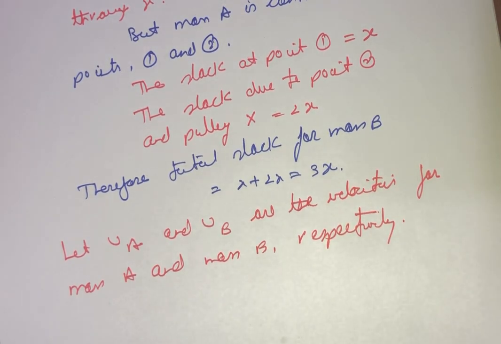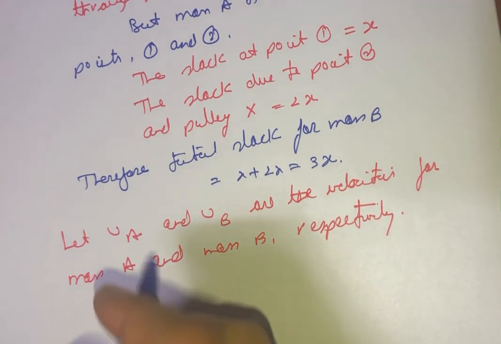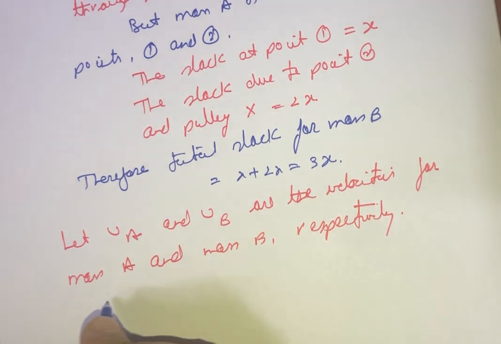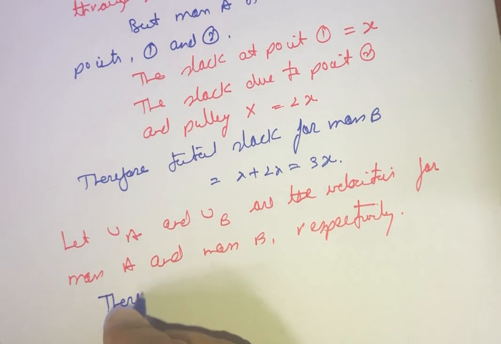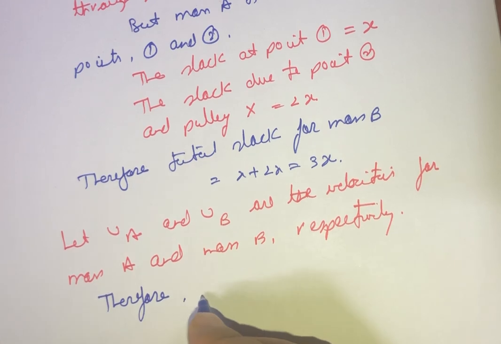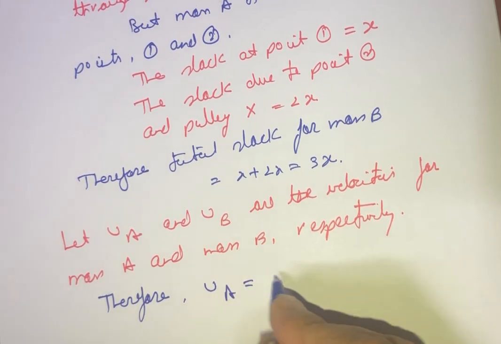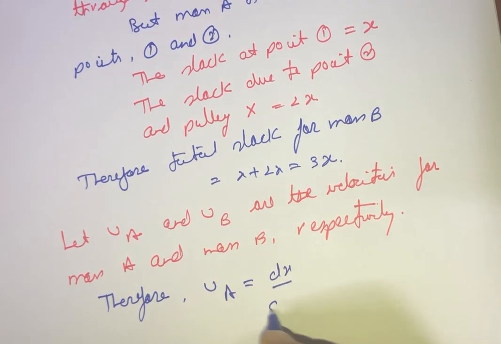Therefore, VA will be equal to dx by dt.